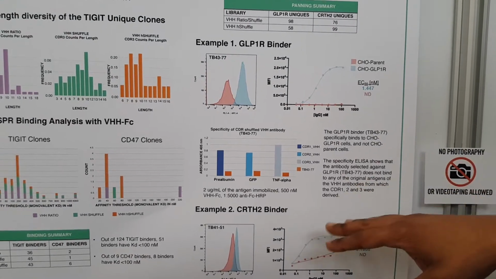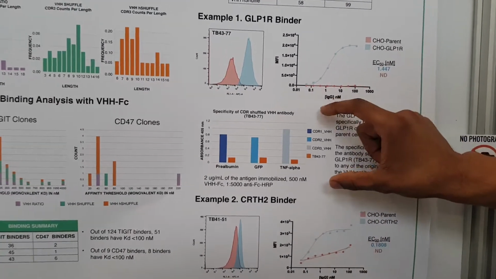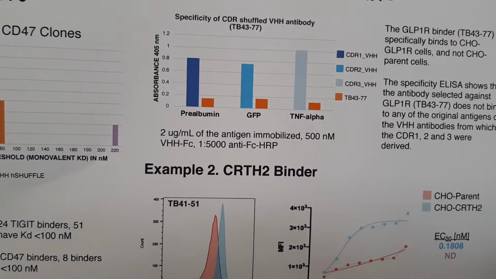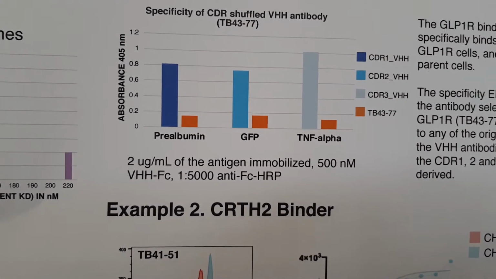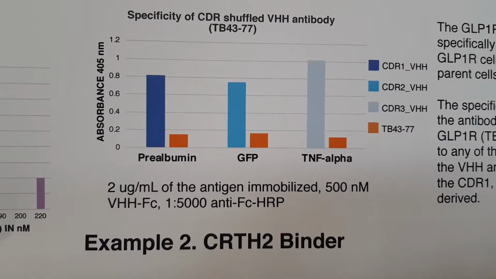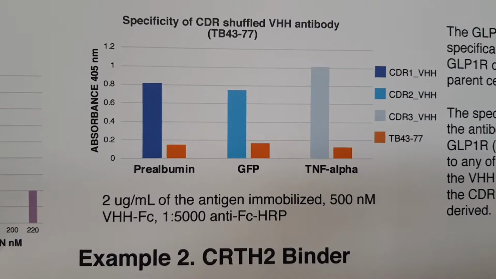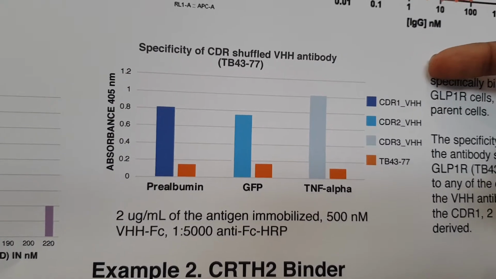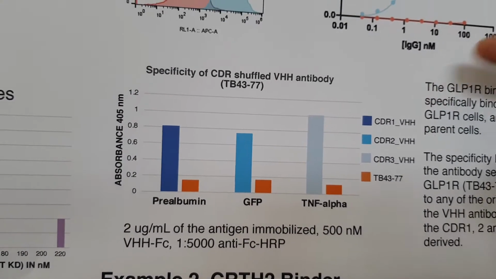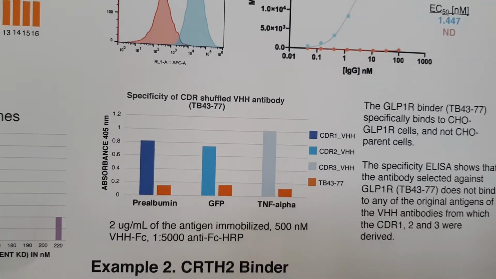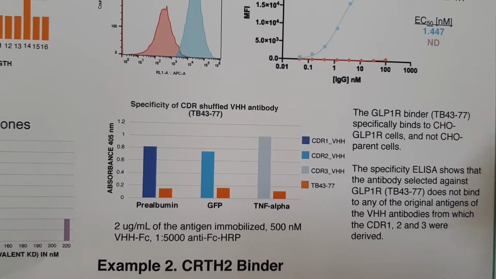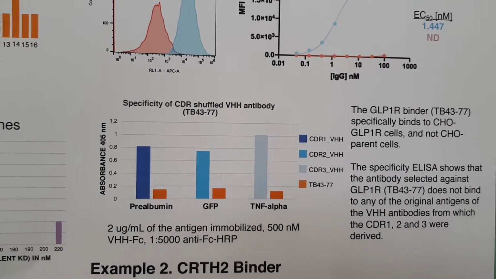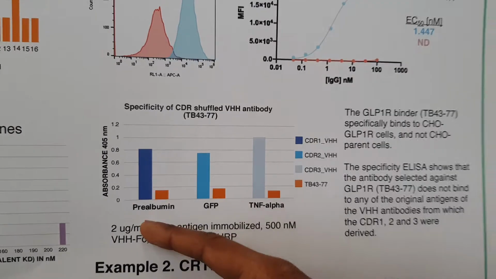One of the data points that I want to focus on is a specificity ELISA for one of our antibodies that came from a CDR shuffle library, and this is a binder that binds GLP-1R. What we wanted to see, now that we've used this shuffled approach, is this: the antibody that is binding GLP-1R has a CDR1 that is coming from an antibody that binds prealbumin.